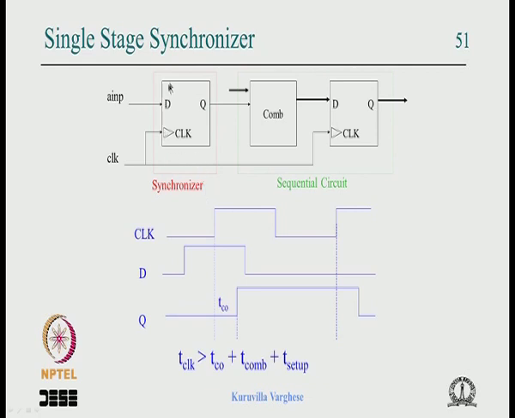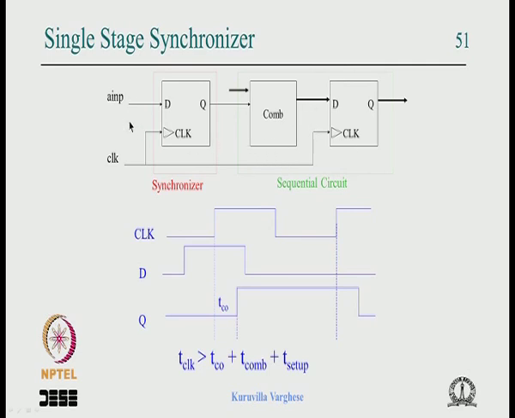It may happen that it gets into metastability, but if it does, the output comes out of metastability with a proper margin, so that it can propagate through the combinational circuit and meet the setup time for the next clock edge, okay.